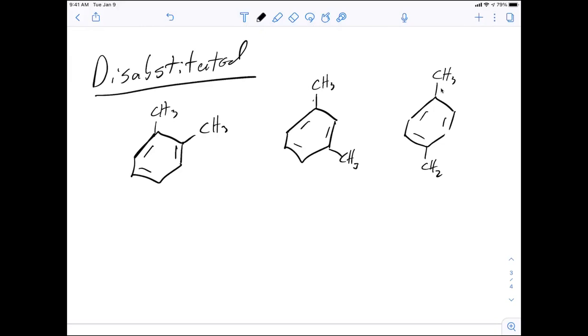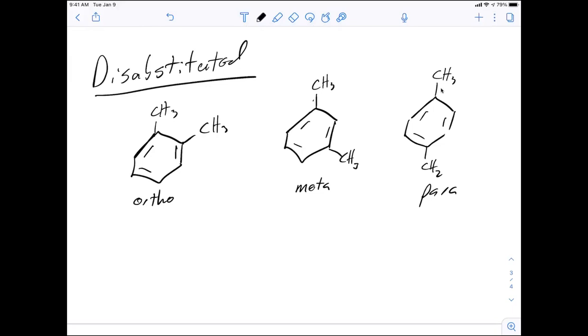And it turns out those arrangements, regiochemistry, is pretty prevalent, especially in biology. So we'll go through those. So if we look at this one, this is called ortho, from the Latin for next to. This is meta, which I think means alongside, and then para is opposite. So we see ortho, meta, para.